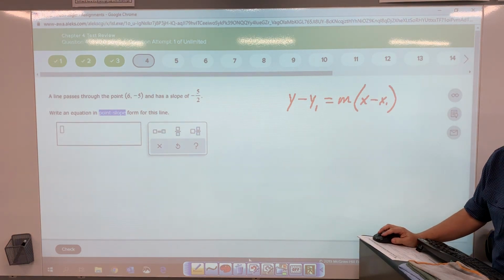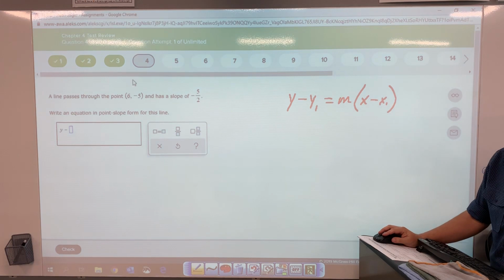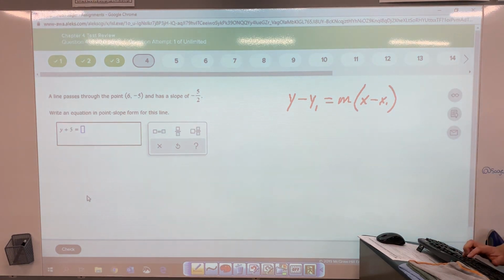Okay, it's going to be y minus, and then my value is going to be -5. So once again, I see the double negative, so I got to change that to a +5, and then it's going to be equals my slope, which is -5 divided by 2, and then it's going to be x minus, and you just drop the number 6 in there, and that's it.